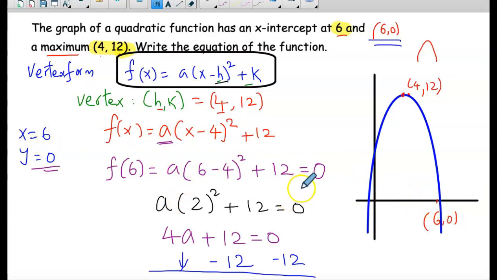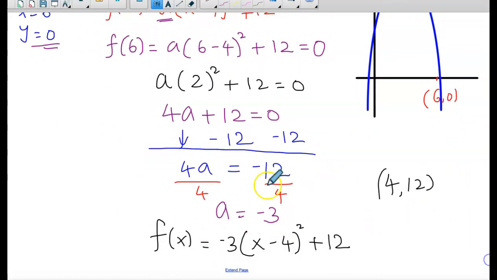So two things you have to do, those are the two pieces of information they gave. First use the vertex and then use the x-intercept. That simplifies, and the rest of it is very easy. Find the value of a through regular simplification, and then go back and substitute the value of a in that function on top.